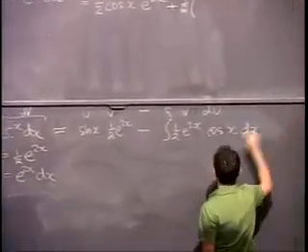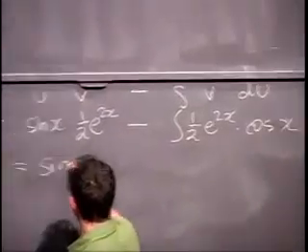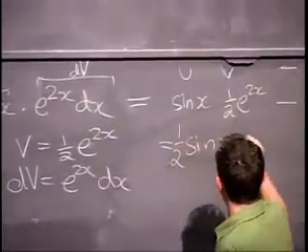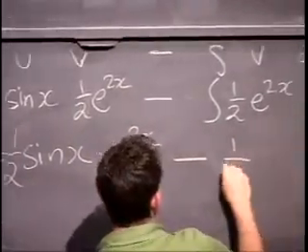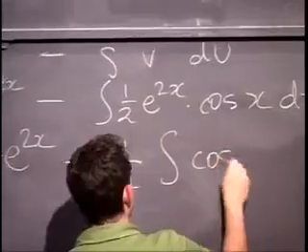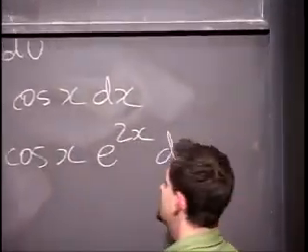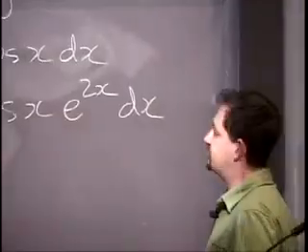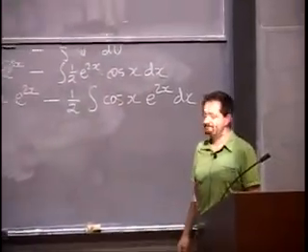Just plugging in, really. See what we get. 1/2 sine x e to the 2x minus 1/2 integral cosine x e to the 2x dx. Now again, we shouldn't be surprised that what we got looks very similar to the original.